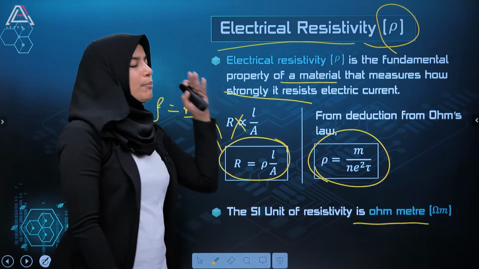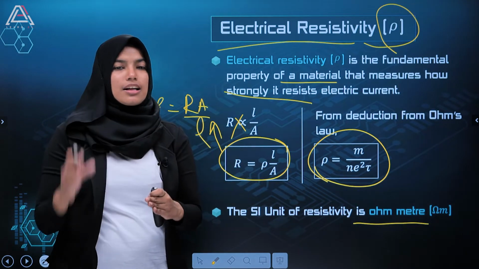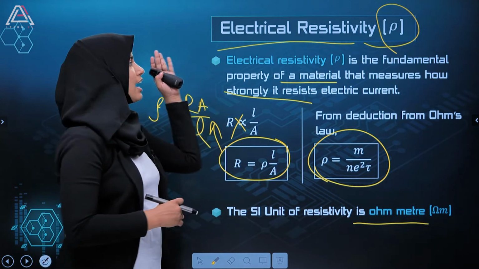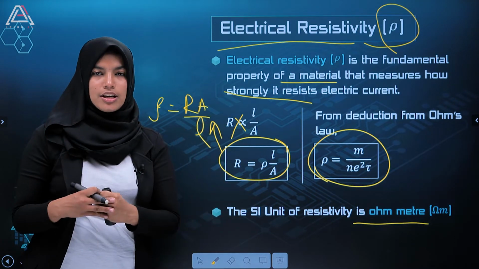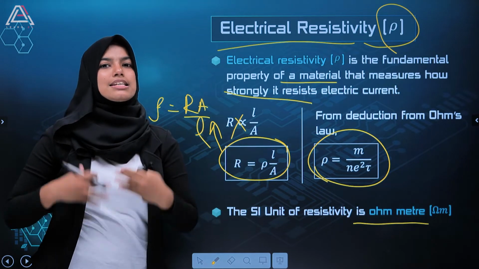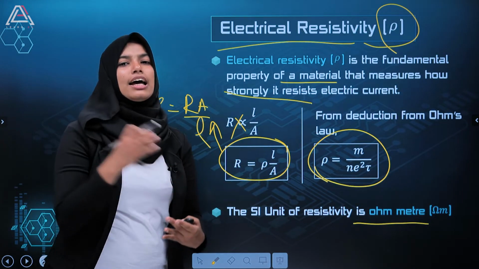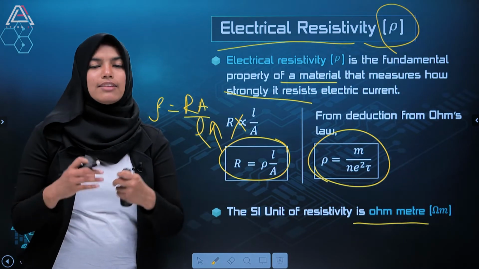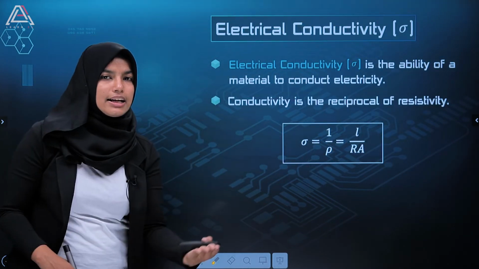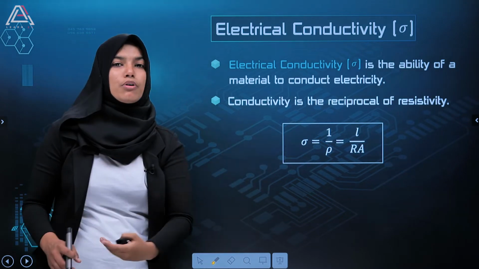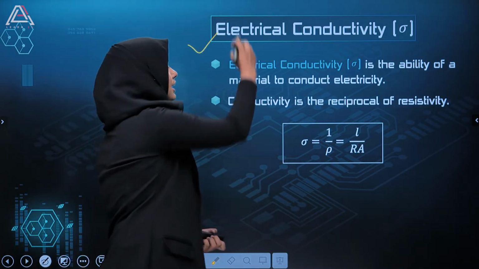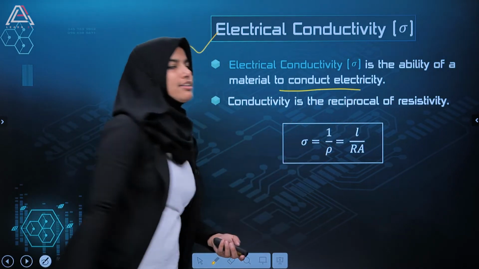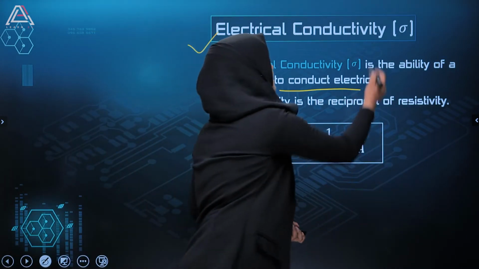Now if a material does resist the electric current, what does that mean? It is highly electrically resistive. But if a material has high conductivity or will allow the flow of electrons through it, then we call it highly conductive, and the corresponding representation is electrical conductivity. It is the ability of a material to conduct electricity and it is represented as sigma.